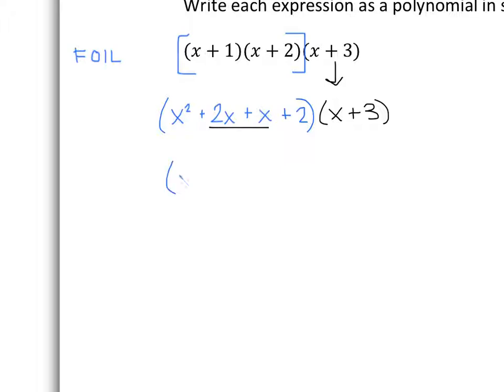So we get x squared plus 3x plus 2 times our x plus 3. Now we have a trinomial and a binomial. We need to multiply them together, but we can't FOIL because we have extra pieces, so we just have to plain old distribute.